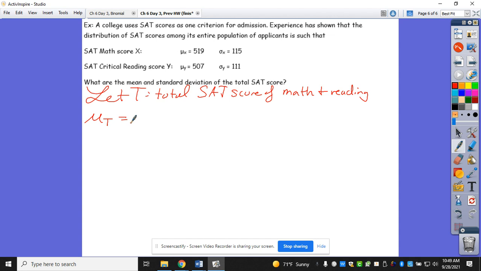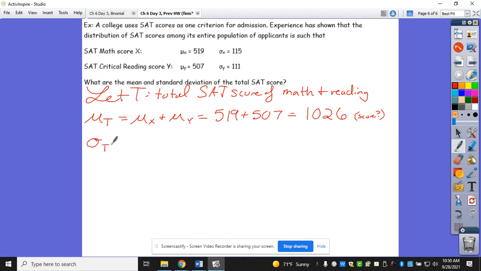This part should be really easy. And I plug in my numbers, so 519 plus 507, which gives me what? This is another one of those where the unit is score points. I would write some kind of unit just so that if you go look at it, you remember you need units there.